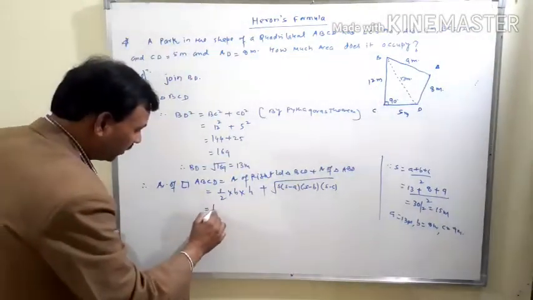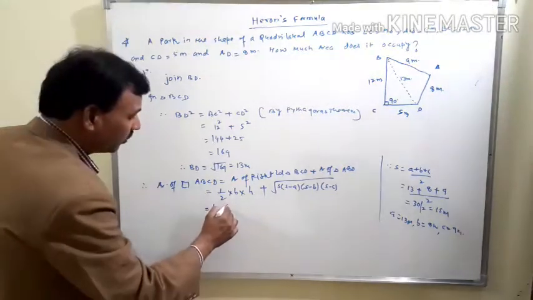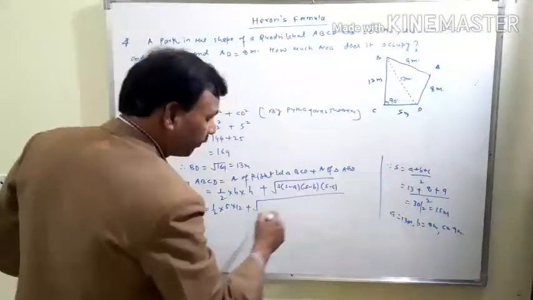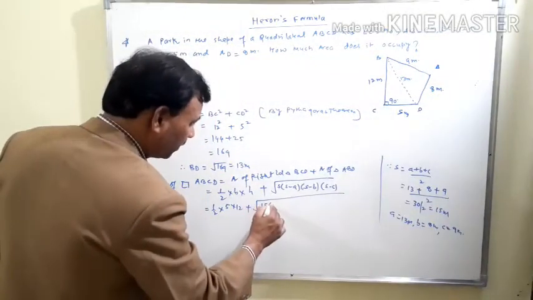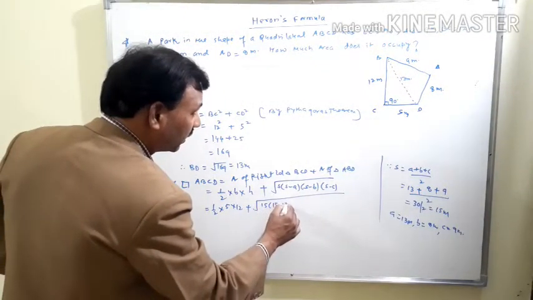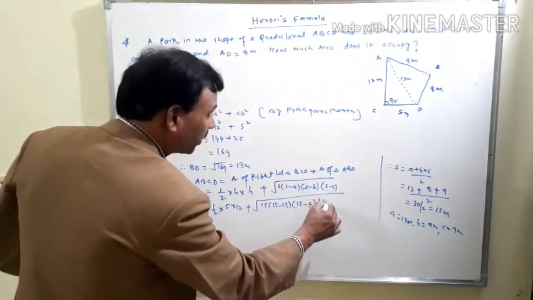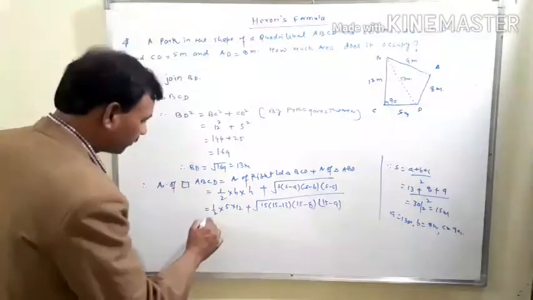So this will be 1/2 into 5 into 12 plus root under S, S means 15, 15 minus 13, 15 minus 8, into 15 minus 9.